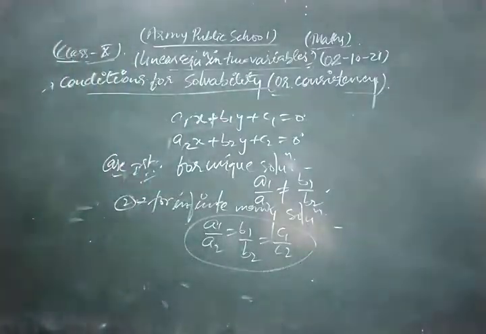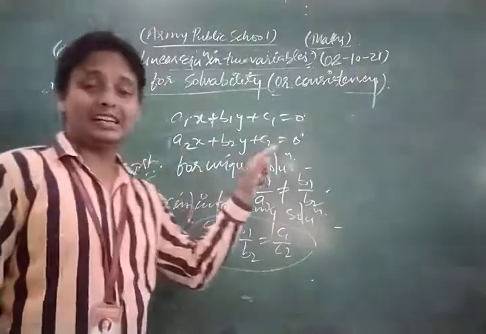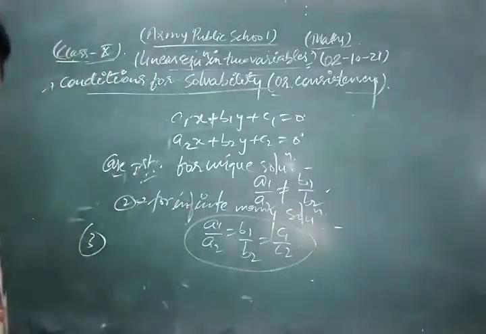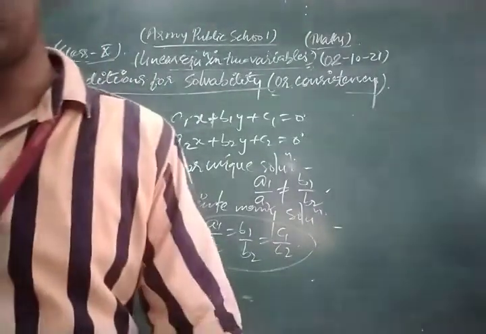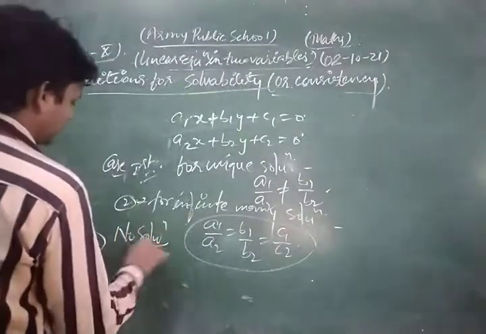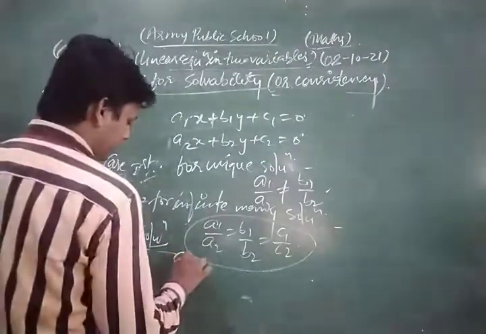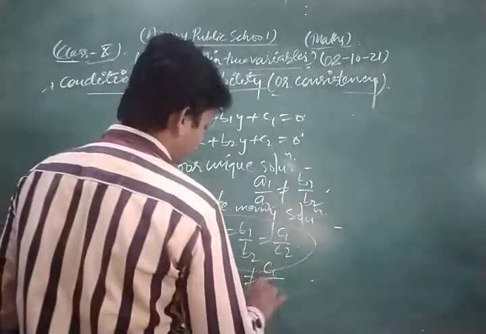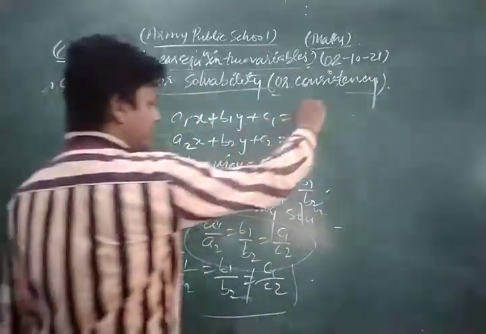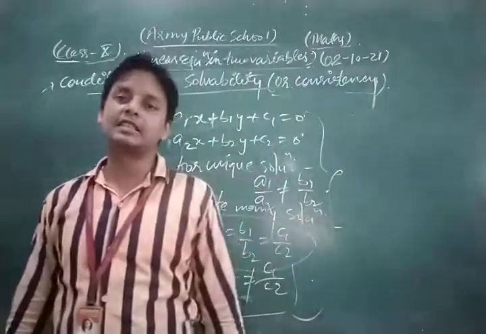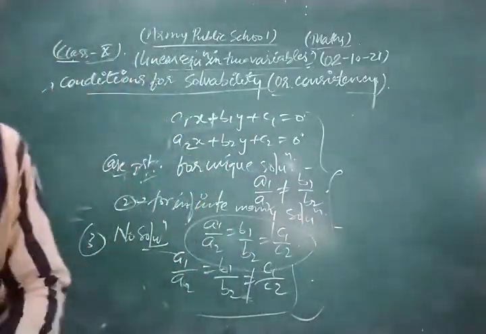Okay, and case third, the given pair of equations is inconsistent or has no solution. So for no solution we have a1 upon a2 is equal to b1 upon b2 is not equal to c1 upon c2. So these are three very important conditions for consistency or inconsistency of the given pair of linear equations.